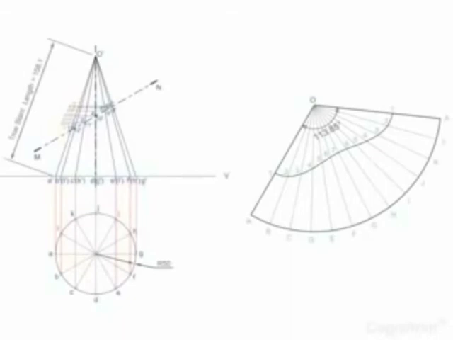Now every time that we have to develop one of these, there are a number of ways of doing it. You can see by the number flashing on the screen that this is 113.85 degrees. Now we get that by dividing the radius by the true slant length, and then multiplying it by 360.